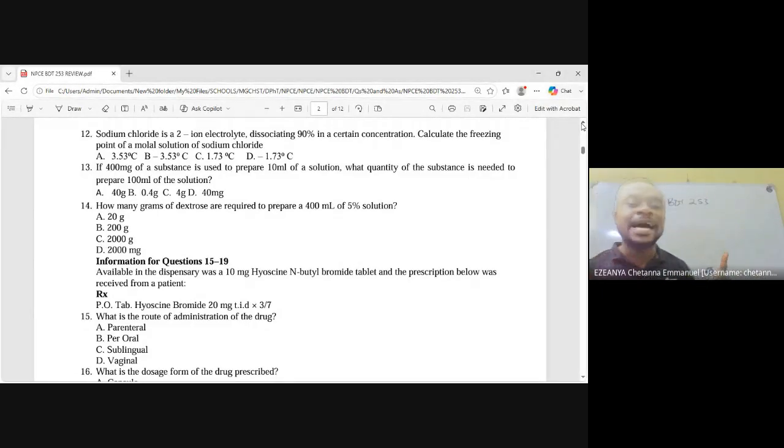Now, having that at the back of our mind, let us look at what isotonic is. If you don't understand what tonicity is, you will not be able to understand what an isotonic solution is. What is tonicity? Let me assume that you get a solvent like water. The water is just plain. The moment you add something like sugar or salt inside that water, that sugar or salt is a solute.